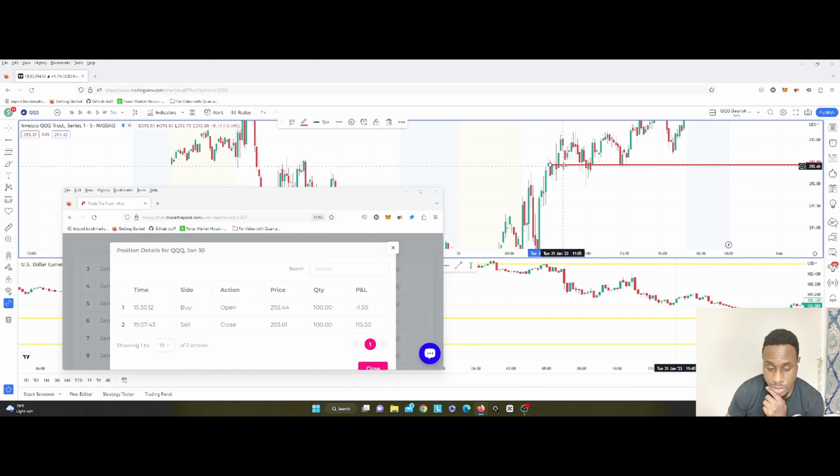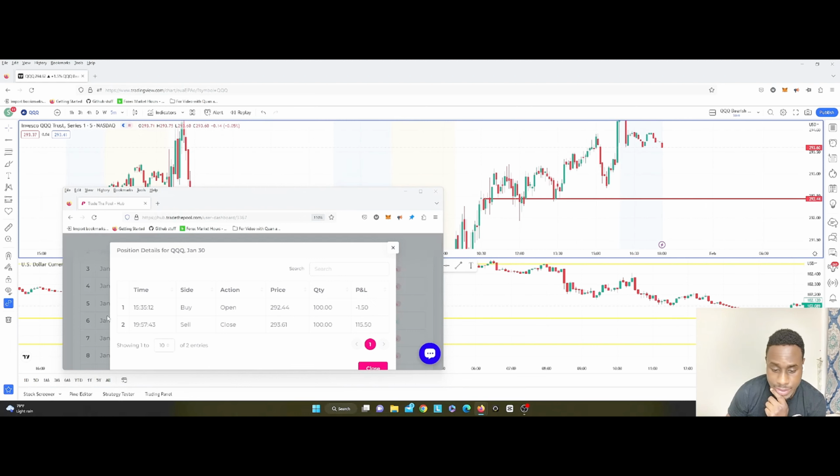So I entered here to the buy side and closed it at 257.